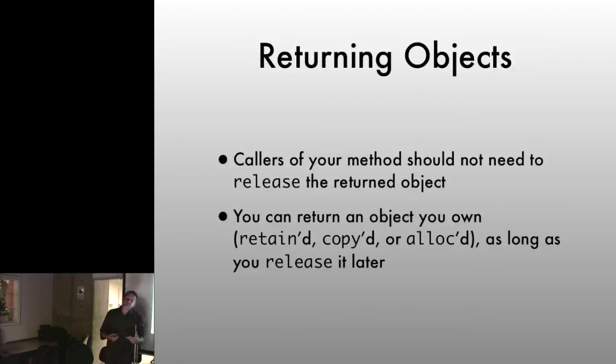Okay, so style guidelines say that when you have a factory method, or a factory function in C++, if you allocate an object and return it, you shouldn't require the person above you to know anything about your memory management, so you shouldn't require them to free or release your object.